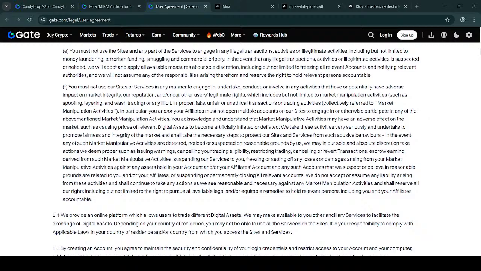So we take these matters very seriously and undertake to promote and protect the integrity of the market and shall take the necessary steps to protect our site and service from such abusive behavior.